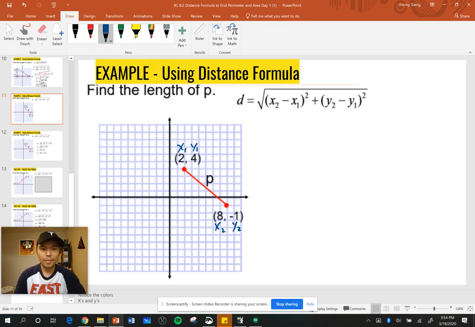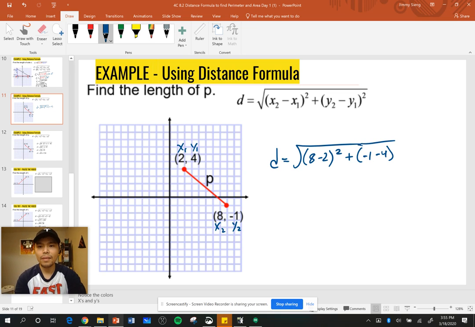Now my distance is equal to the square root of x2, which is 8, minus 2, squared, plus y2 minus y1, squared. That's equal to the square root of 6 squared plus negative 5 squared.